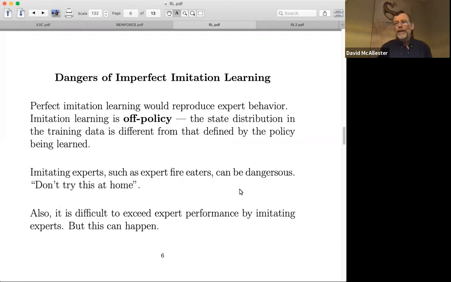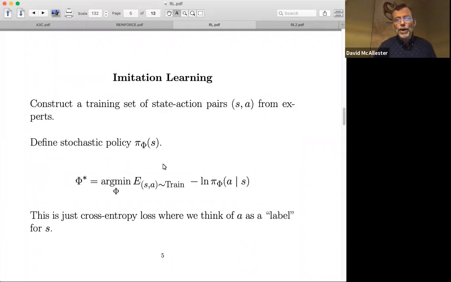Now, imitation learning is what's called off policy. So there's two phrases to remember. One is imitation learning and the other is off policy. And that means that the policy that you learn here is probably not exactly the expert's policy. And especially as you're learning, the actions that are being specified by the policy you're learning will be somewhat different from those of the expert.